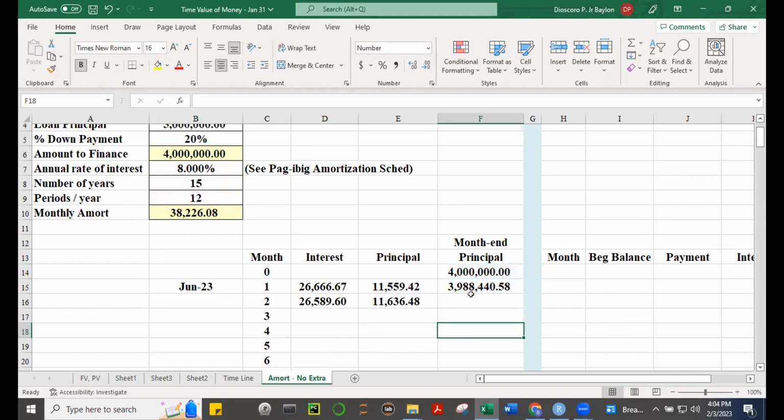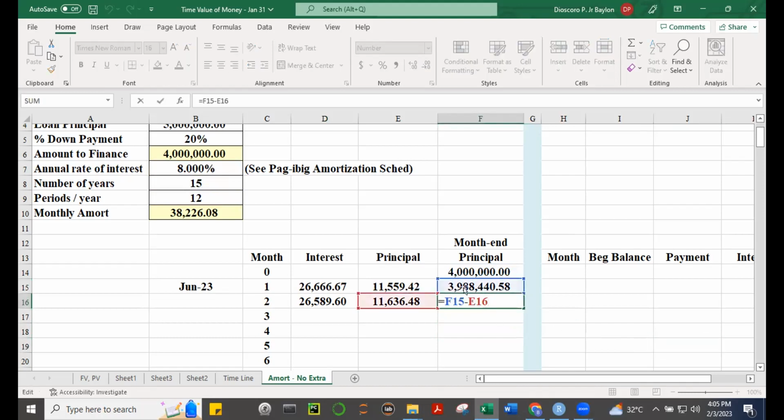All right. So the month end principal for month 2 will be this one minus the principal to be paid on the second month. I can just copy this. All right. Let's check. So it's the principal of the previous month minus the principal payment of this specific month.